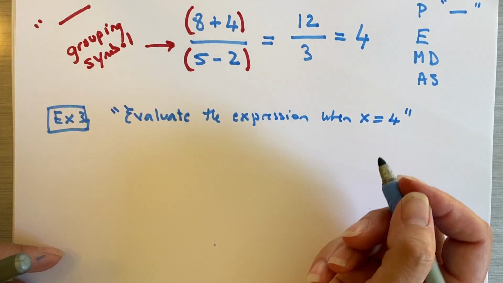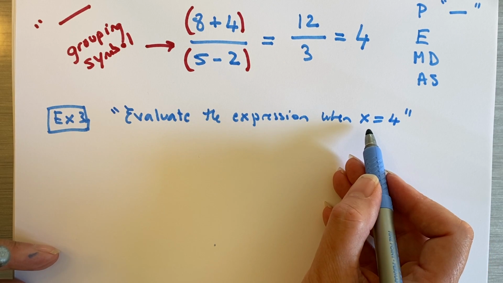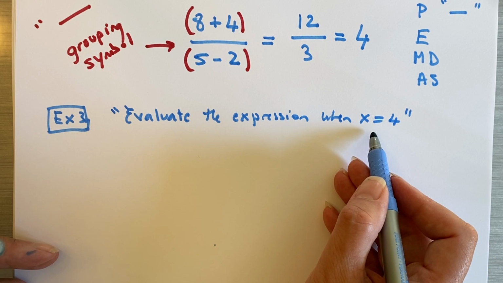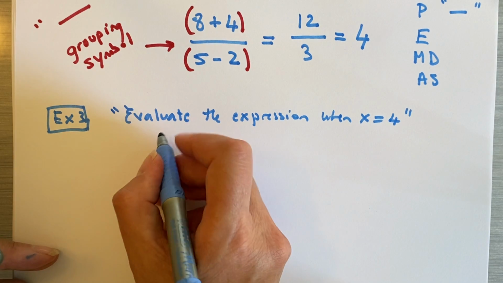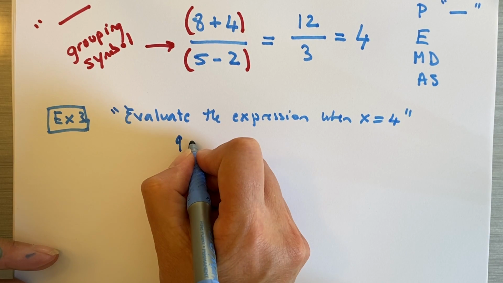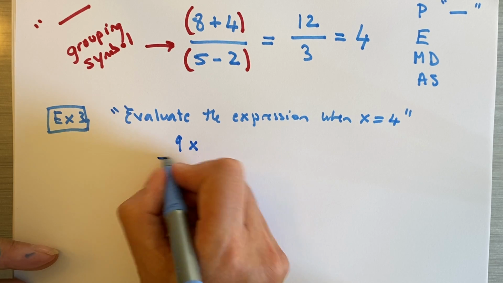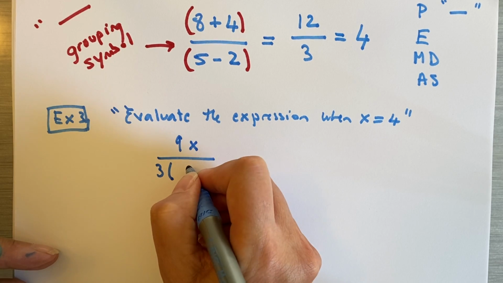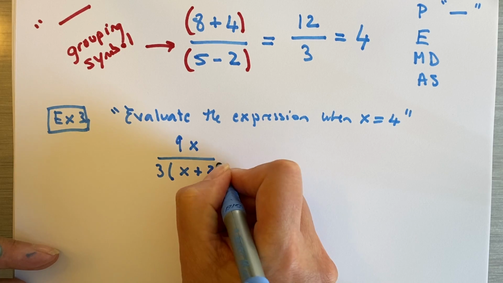That means they're going to give you an algebraic expression with a variable, in this case x, and you're going to have to figure out what this would be if x is 4. So here's the expression: 9x divided by 3 parentheses x plus 2.